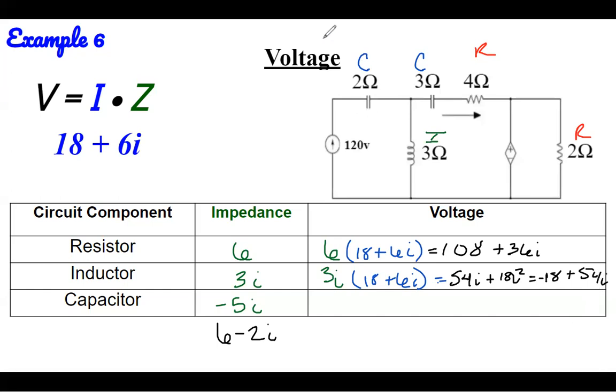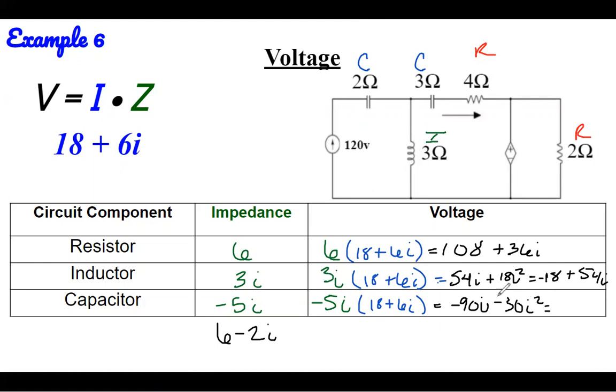All right, Angel, the last one. Negative 90i plus 30, negative 5 times 6 is negative 30i squared.